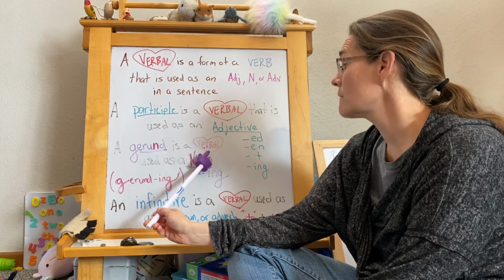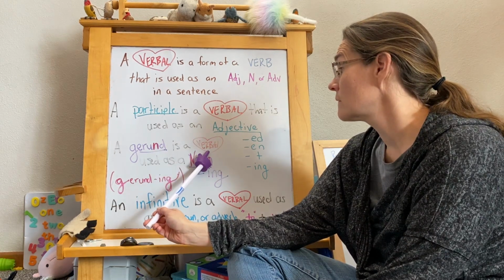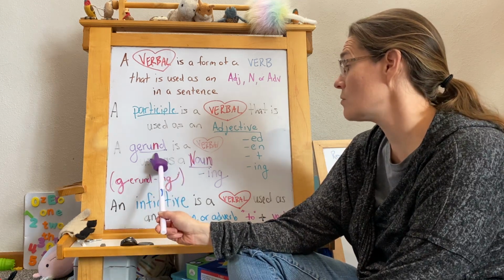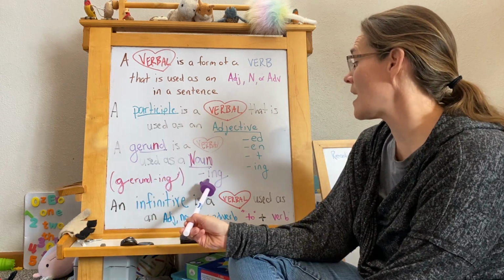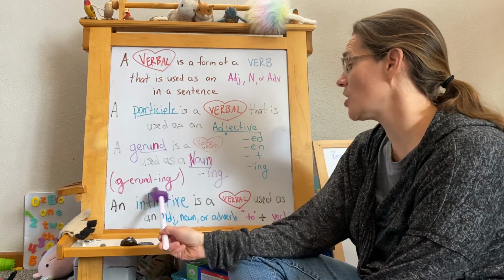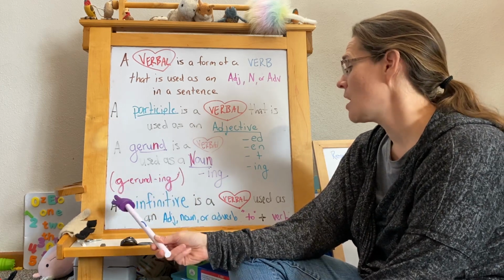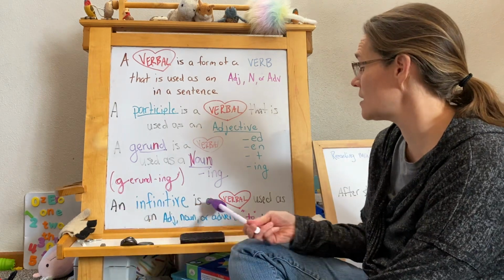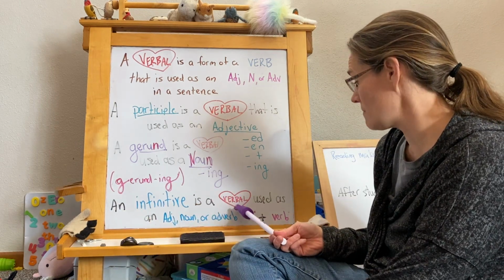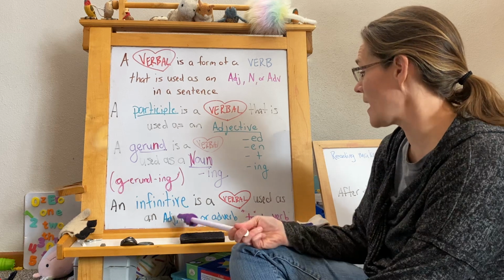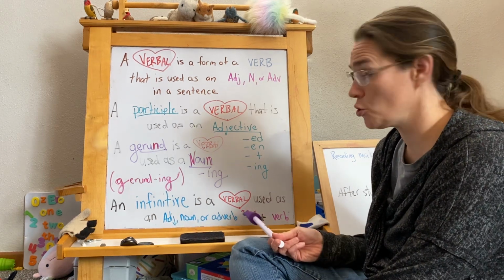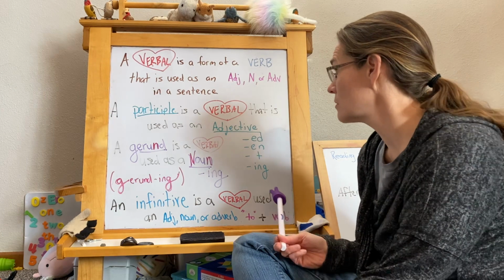A gerund is a verbal used as a noun ending in ing. And think of gerunding, okay? Our next chapter we'll look at an infinitive. An infinitive is a verbal used as an adjective, noun, or adverb. Remember, an infinitive is to plus a verb.